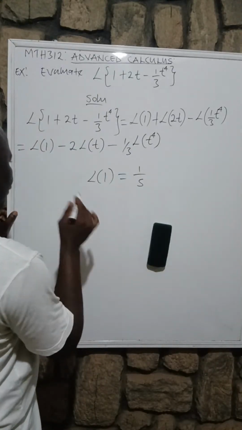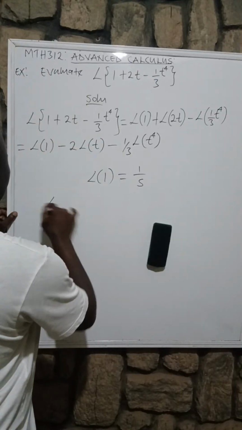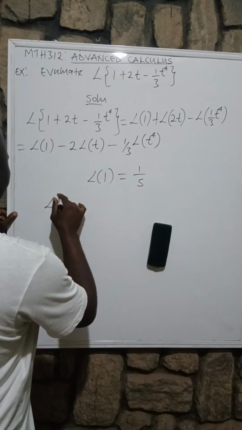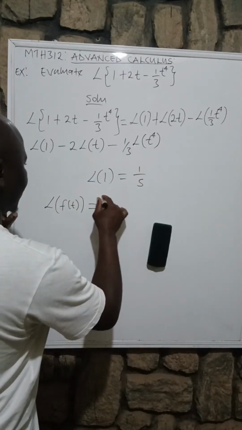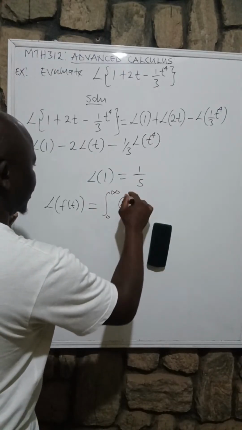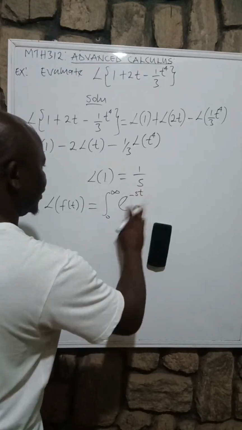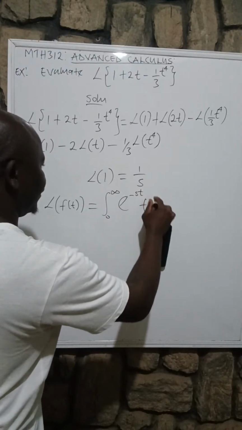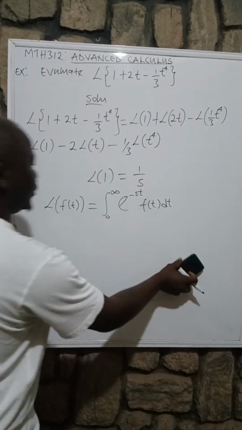We know that Laplace of f of t is equal to the integral from 0 to infinity of exponential minus st times f of t dt, right? You agree with me.